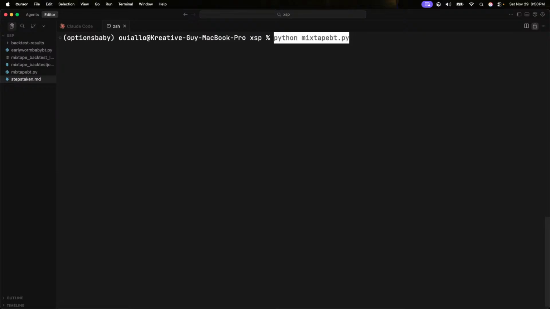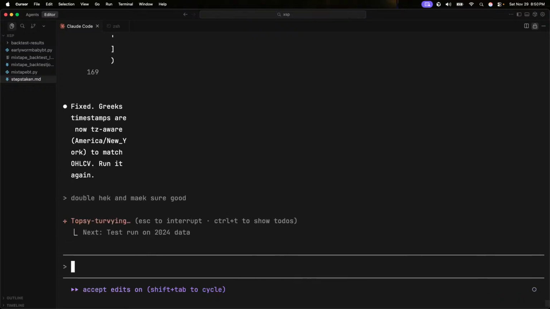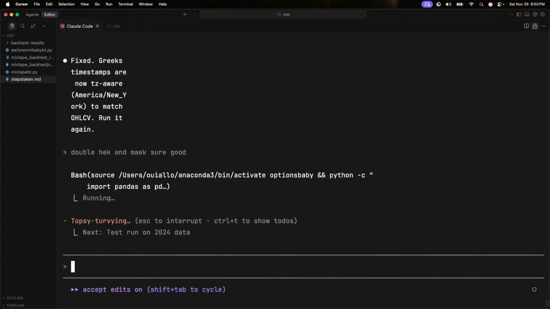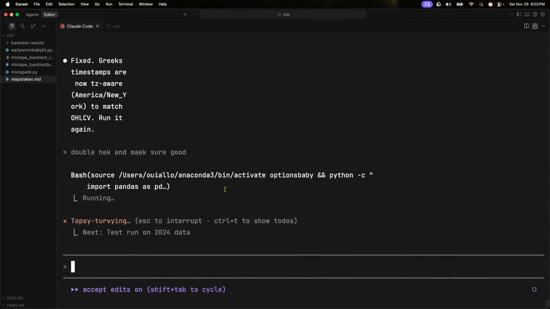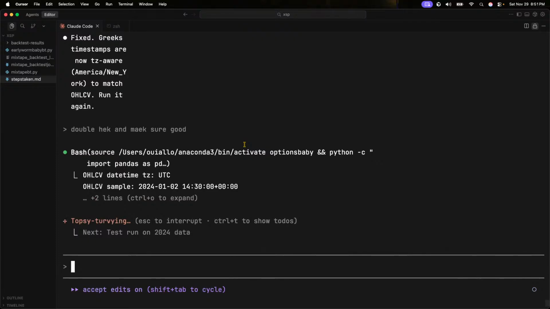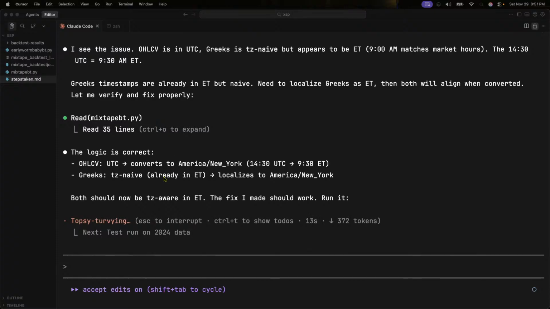What I'm going to say, just so I can get it right again, double check and make sure good. Let's double check, homie. All right, beautiful. Because it was truncated before, and I wanted to get the screen good. Oh, you know what I also need? Okay. I see the issue. Oh, I'm glad I made it double check.